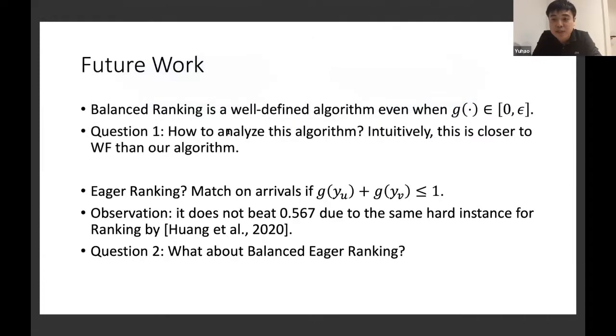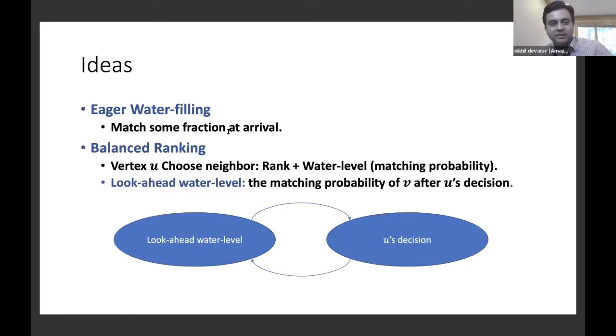My question is, it's interesting that you are beating... the main takeaway for me was that these natural algorithms are not optimal in this fully online setting.